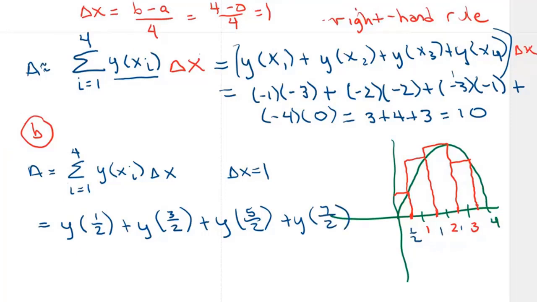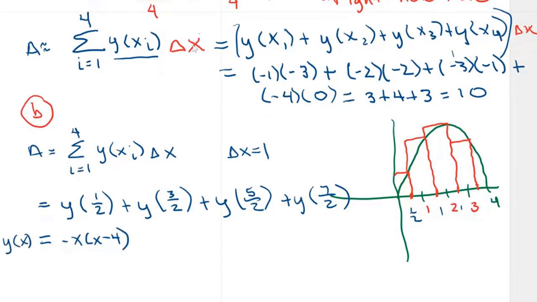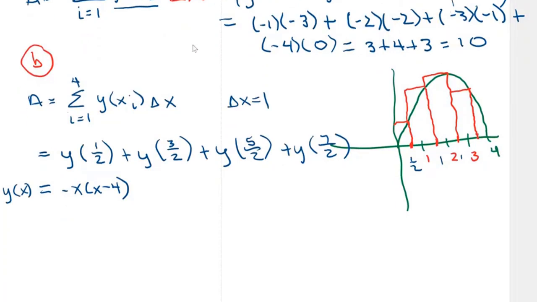Usually it's easier for me to work with fractions than decimals. So y of 1/2, let's plug it into our original equation. See, y of x equals -x times x minus 4. See what happens. We get that the area is equal to, actually, let me say this, times delta x, but my delta x is still 1, so I'm going to let go of it just because it's 1, but it still would be there.